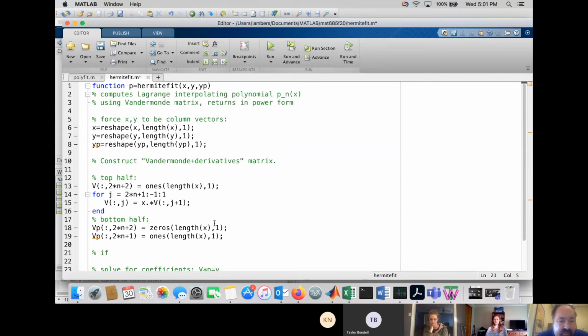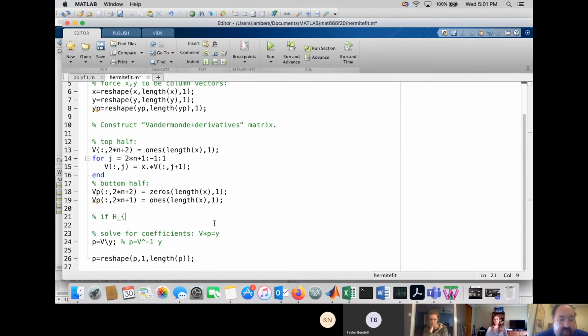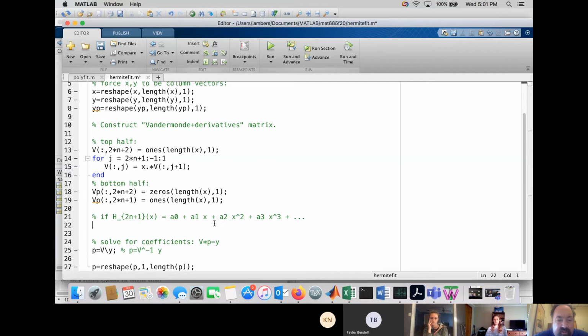So to do the rest of it, if my polynomial has this form, a0 plus a1x plus a2x squared, and so on, the derivative will be equal to a1 plus 2a2x plus 3a3x squared, and so on.